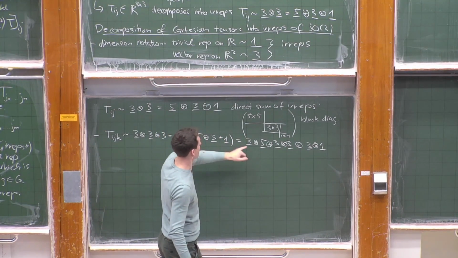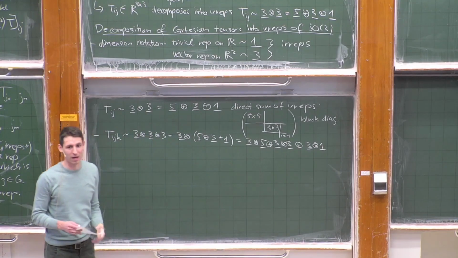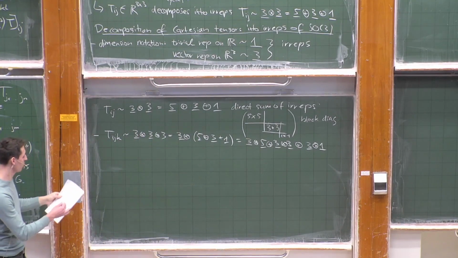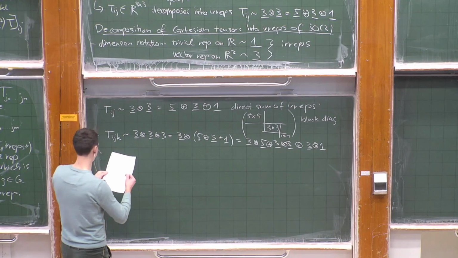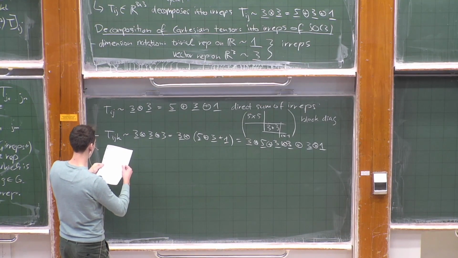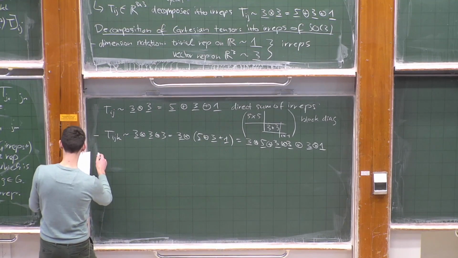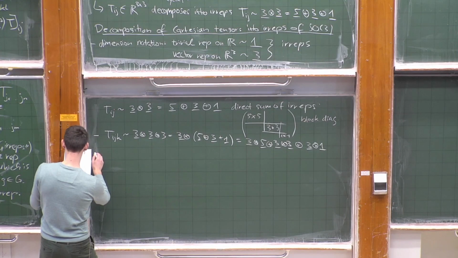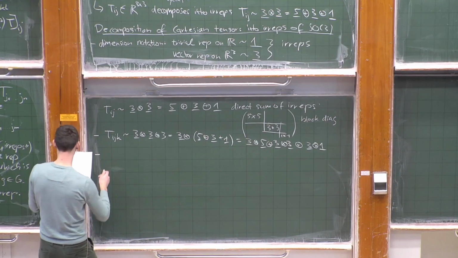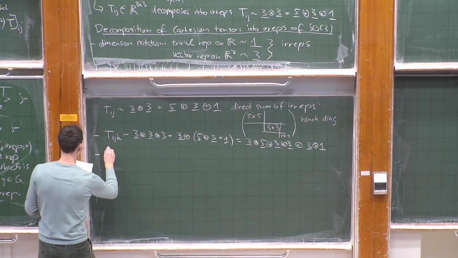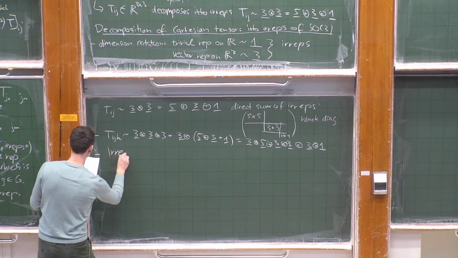This 3 by 3 decomposition we've already worked out. But now one question would be, for example, how does one do this 3 by 5 decomposition? There's a general rule to do this. But before we go to the general rule, first I'm going to introduce one more notation about irreps.